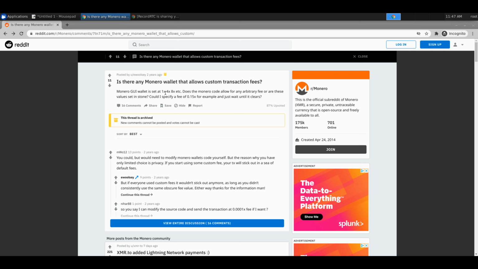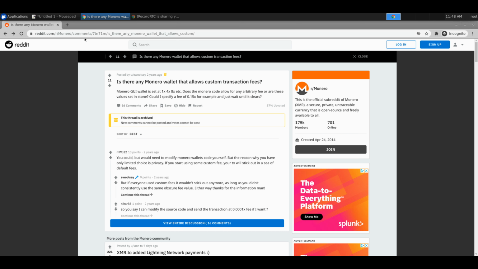On XCash and Monero, they have fees, if you've ever noticed, like priority settings, and those are like 1x, 4x, etc. Most people think that's somehow a protocol rule, and if you try to send a 5x fee or something weird like that, it would get stuck.